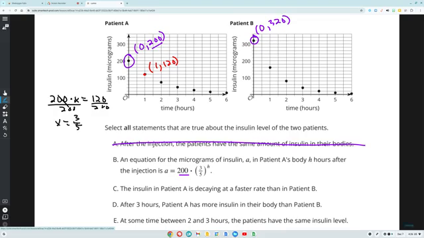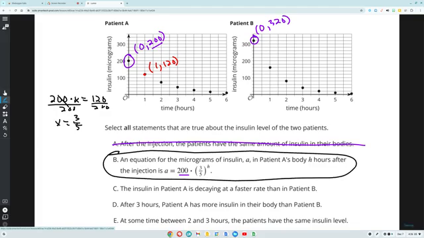And look at that, that matches up. So through a little bit of work, I can tell that the base of that exponential is 3/5, which means that it matches that graph. C says the insulin of patient A is decaying at a faster rate than patient B. Well, I know that in A I'm multiplying by 3/5.